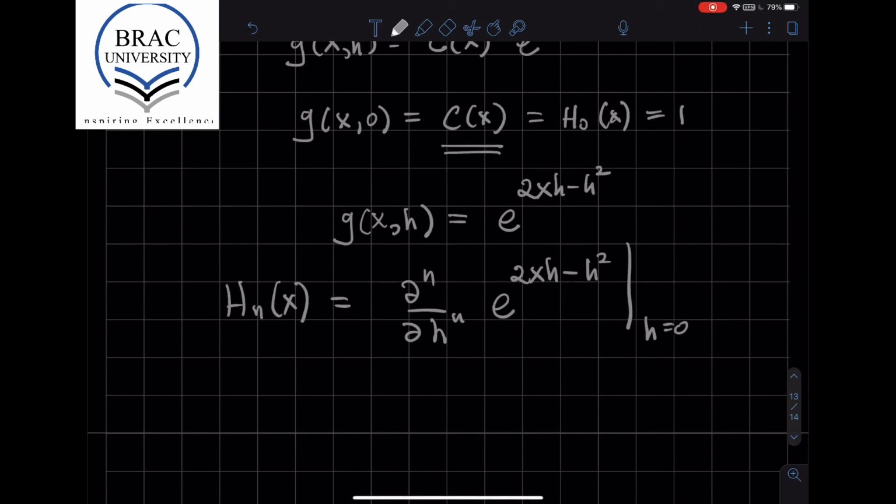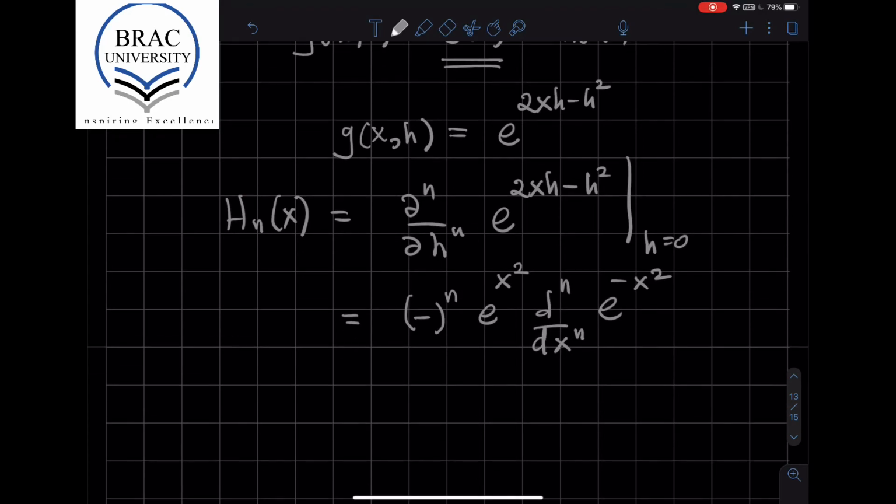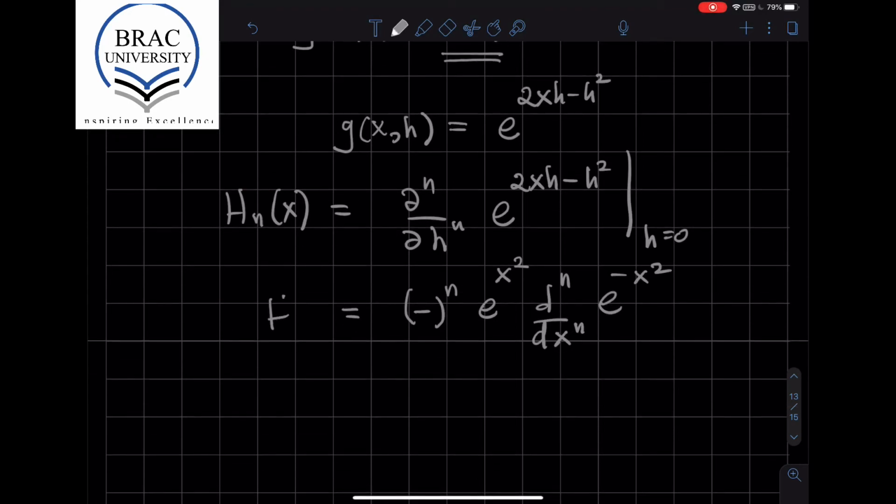Now, with a bit of mathematical manipulation, you can show that this can be rewritten in the following form: minus 1 to the power n, e to the power x squared, times the nth derivative with respect to x of e to the power minus x squared. So this simple formula gives you any Hermite polynomial that you want.